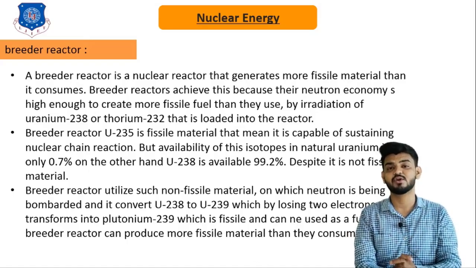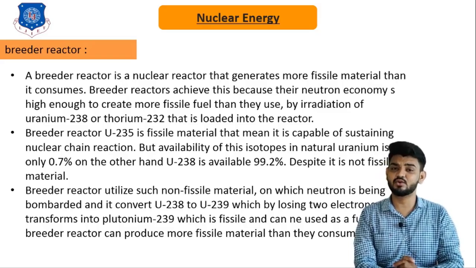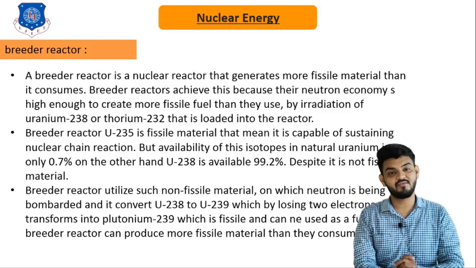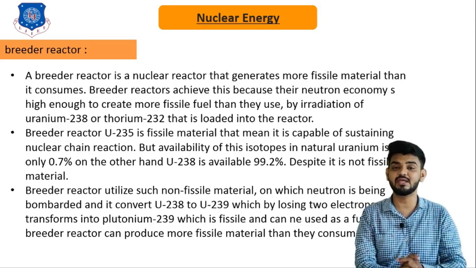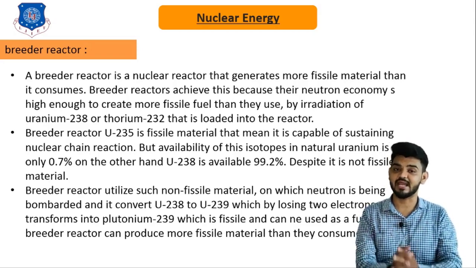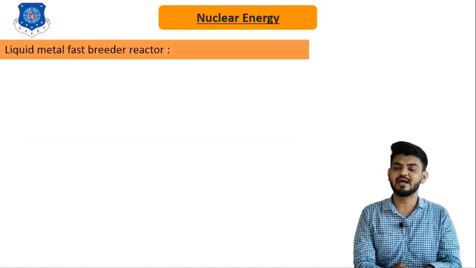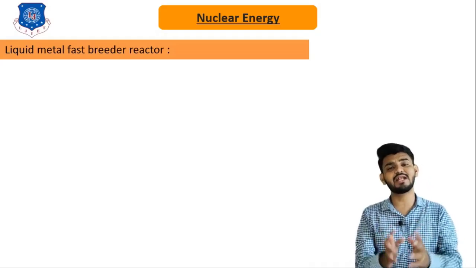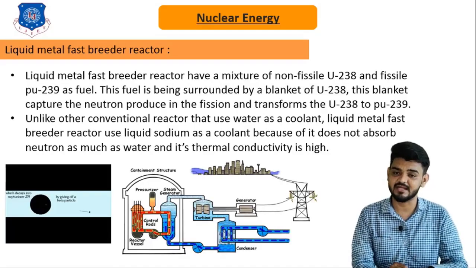So what the breeder reactor does is convert uranium-238, which is non-fissile material, into plutonium-239, which is the fissile material. Now let's understand the most utilized breeder reactor, and that is the liquid metal fast breeder reactor.